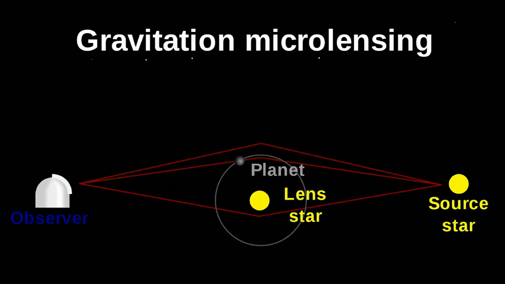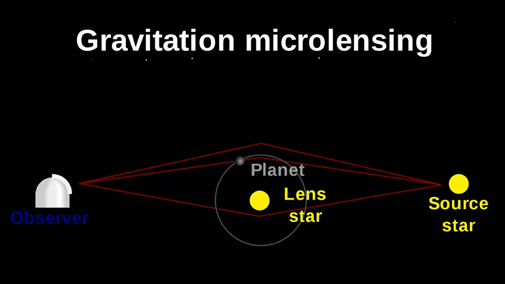However, the presence of mass in between the source star and the observer will distort the space-time in between us and cause the light to no longer travel just in a straight line, but to be bent around that curvature of space-time.